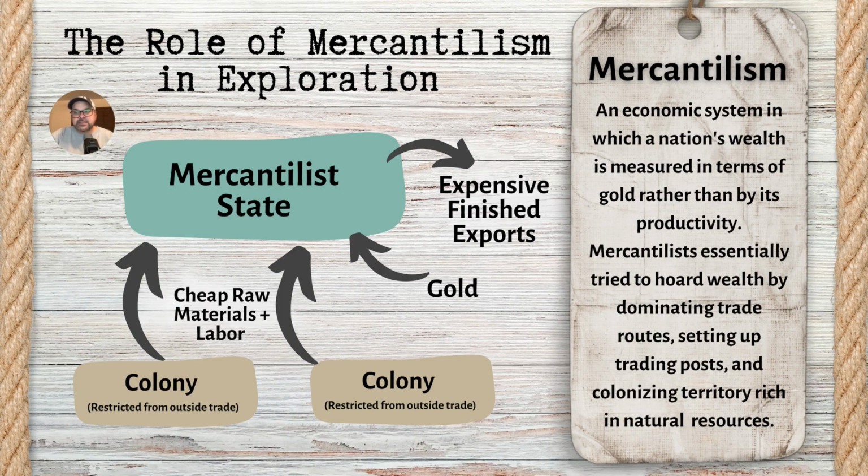So any state that could claim trade routes or new colonies would find themselves a very reliable supply of wealth. What you see on the slide is a very simplified version of how a mercantilist state gains wealth through its colonies and its control of trade.